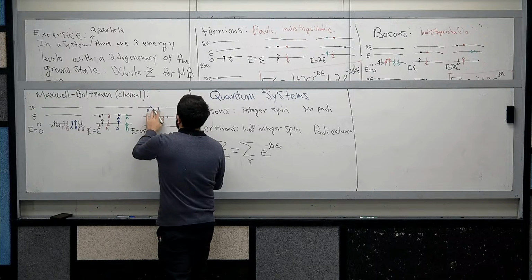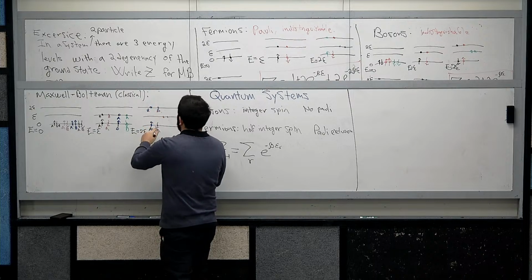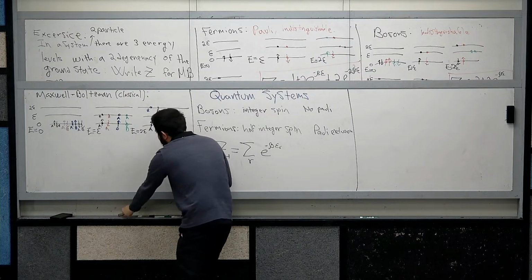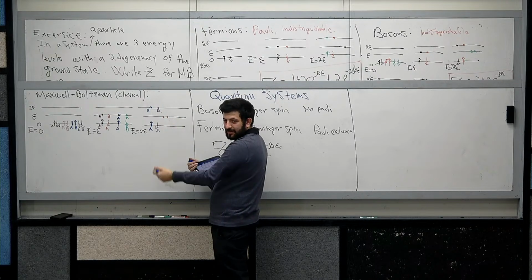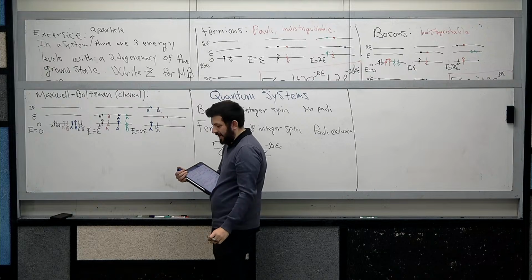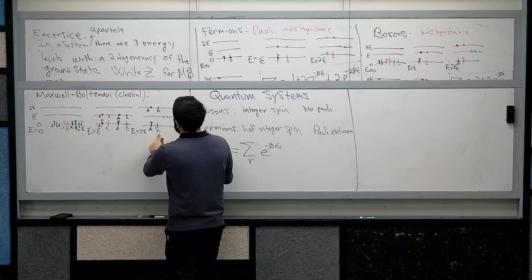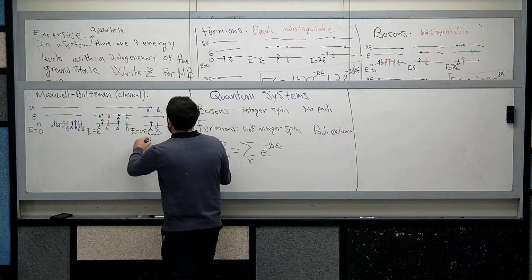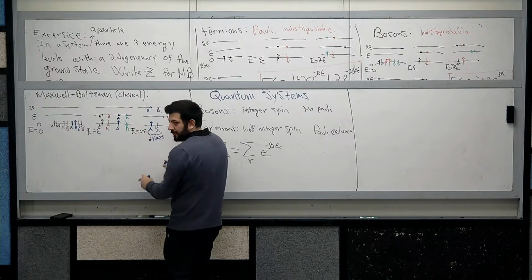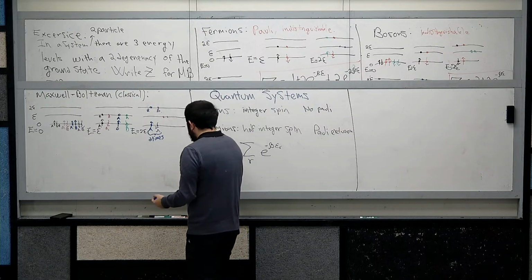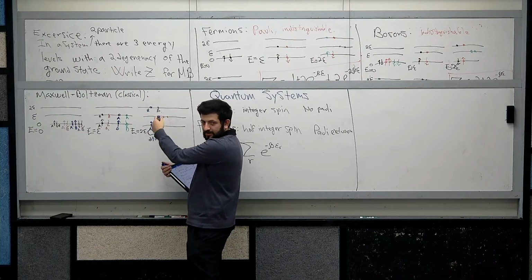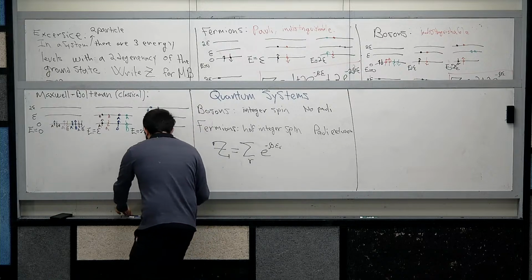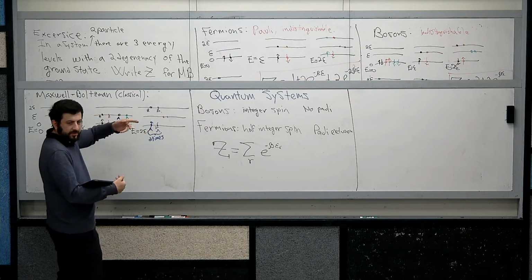For the first and second, they can exchange A and B. Is this state going to change if I have A and B exchanged? Yes. So I can write it like this, 2 times. This is the number of permutations that I can do between particles. Since I only have 2 particles, I can only do one permutation.